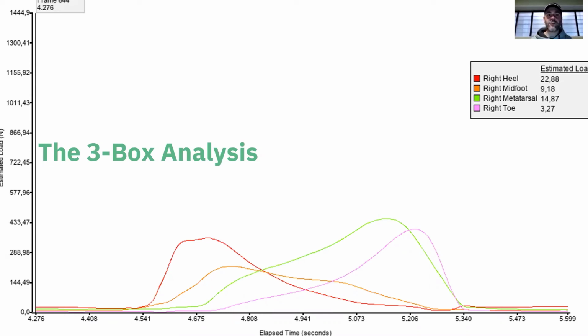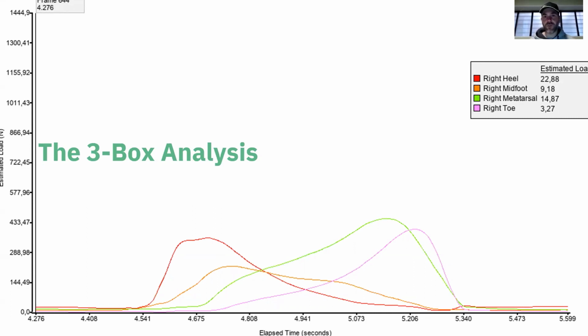The last one is the three-box analysis. The three-box analysis is a term used to describe the ability to create a segmentation of the foot. In this graph, you can see an example of a three-box analysis. Here in the picture, you can see the curves for the right heel, right midfoot, right metatarsal, and right toe.